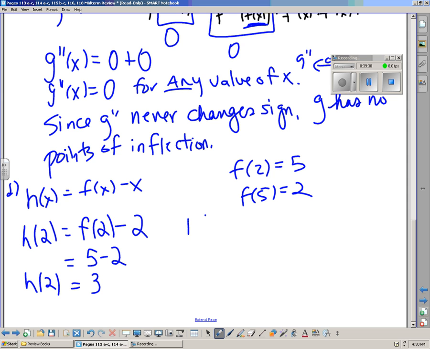Then we know that h of 5 would be f of 5 minus 5. Well, f of 5 was 2. 2 minus 5 is negative 3.